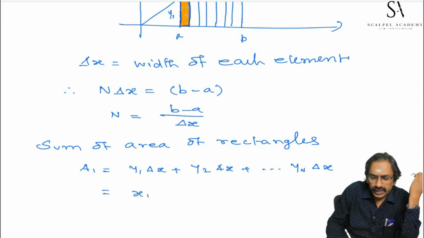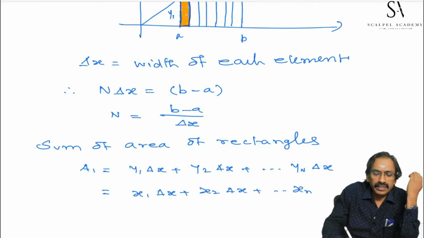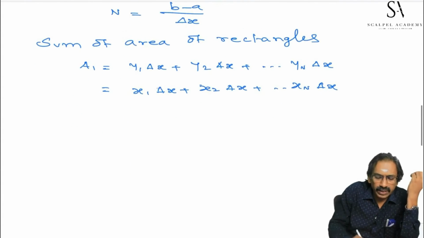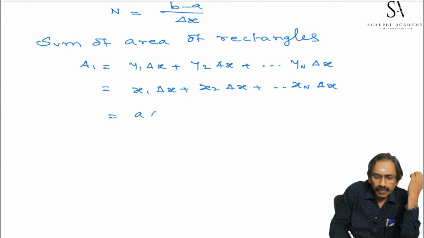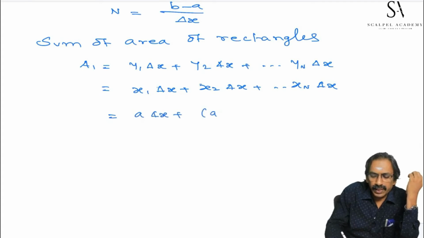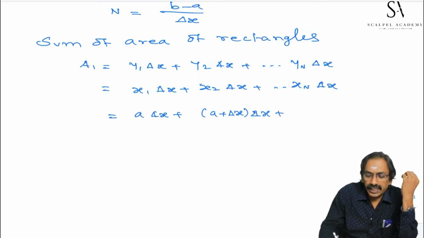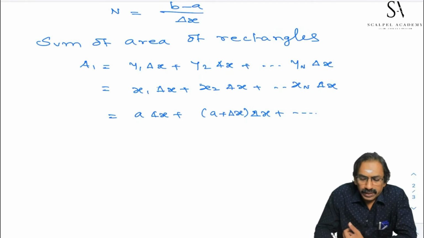This is x1 delta x, x2 delta x, xn delta x. What is x1? That is a. x2 is a plus delta x. xn, the last one, is a plus (n minus 1) delta x, into delta x.